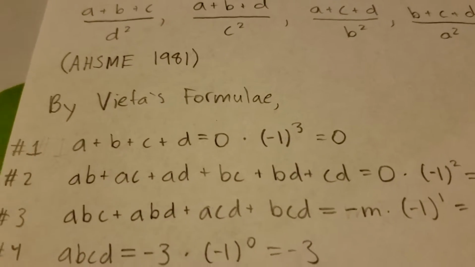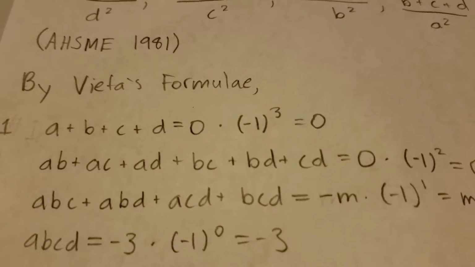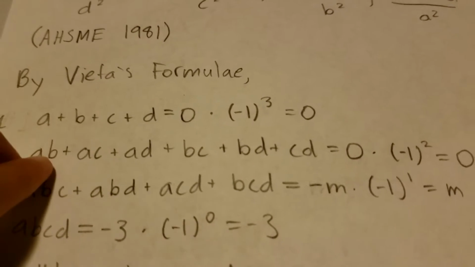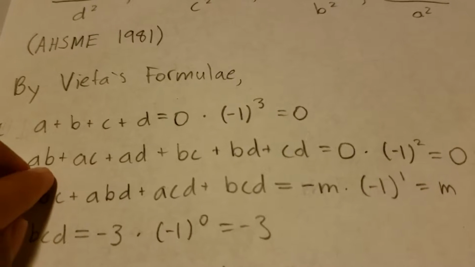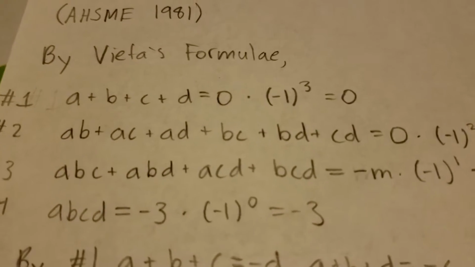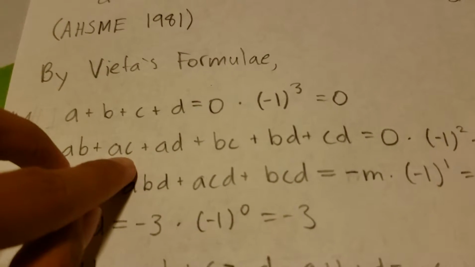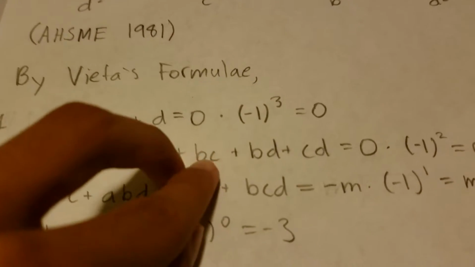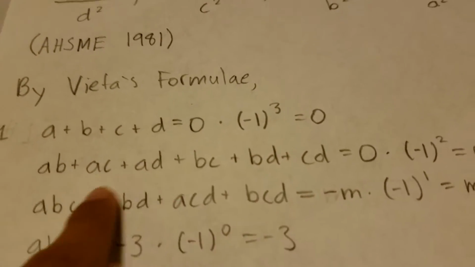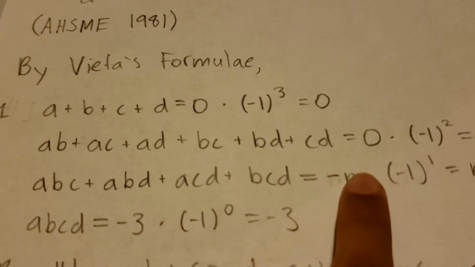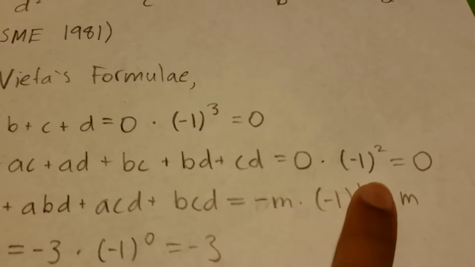Alright, so for our second equation, we take the roots in pairs. The first equation, we just took them one at a time. Second equation, we take them in pairs. So we have AB plus AC plus AD plus BC plus BD plus CD, so we take them in pairs in all possible ways, is equal to 0 times negative 1 squared.